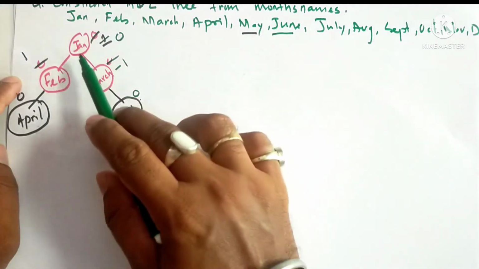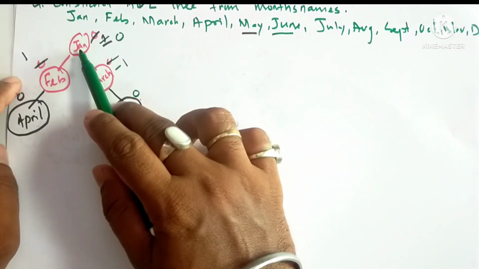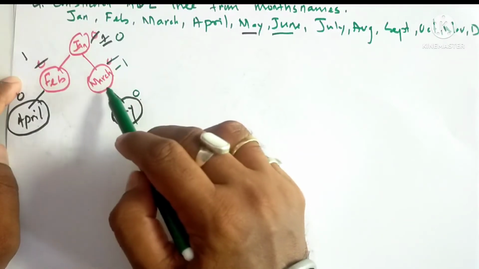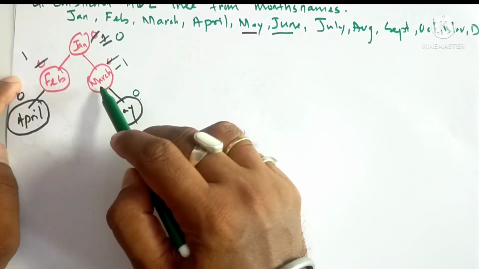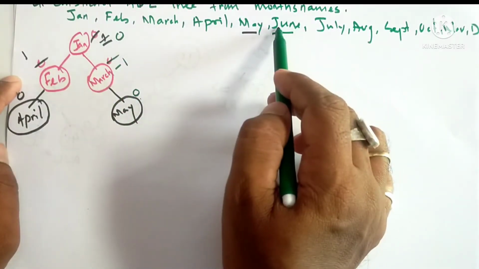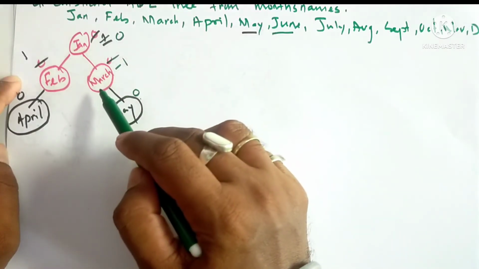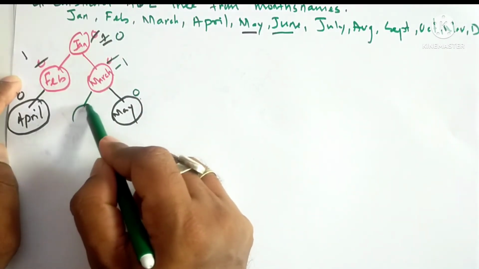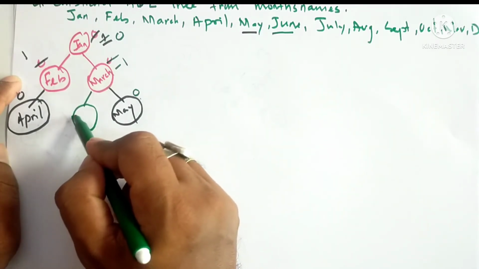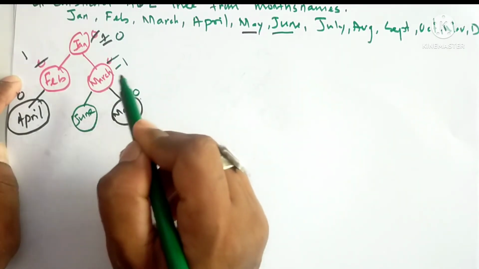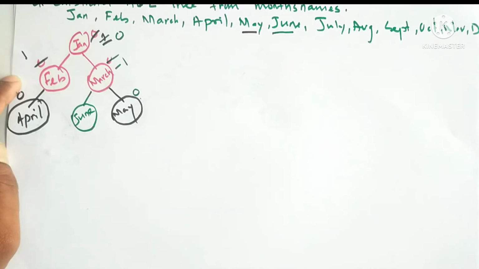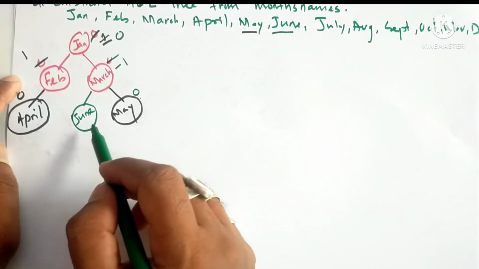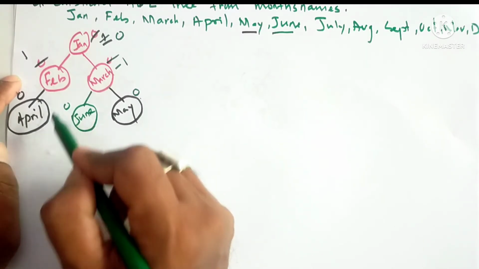So June. Here is January, J, A, and U is greater, so we go to the right side. March, so M and J, J is less than M, so we'll place it on the left side. So June is placed here. After placing June, you have to measure the balance factor. Balance factor for June is 0.